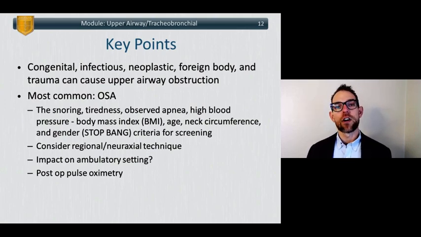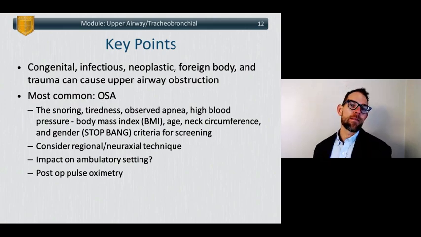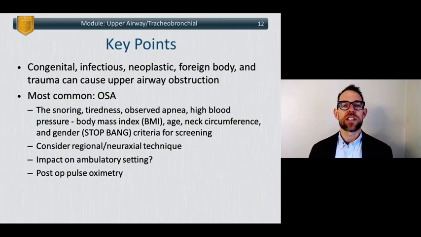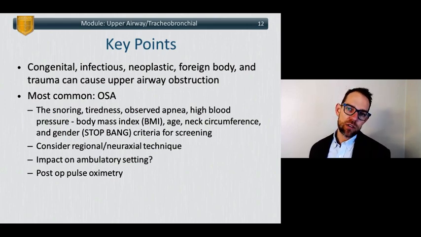We want to consider a regional or neuraxial technique to decrease the amount of systemic opioids that these patients are exposed to during hospitalization. Of course, that does impact what is our role as anesthesiologists in allowing or preventing these sorts of patients from having surgeries in the ambulatory setting. And how do we manage them? Do we let them go home? Can we do a regional technique?